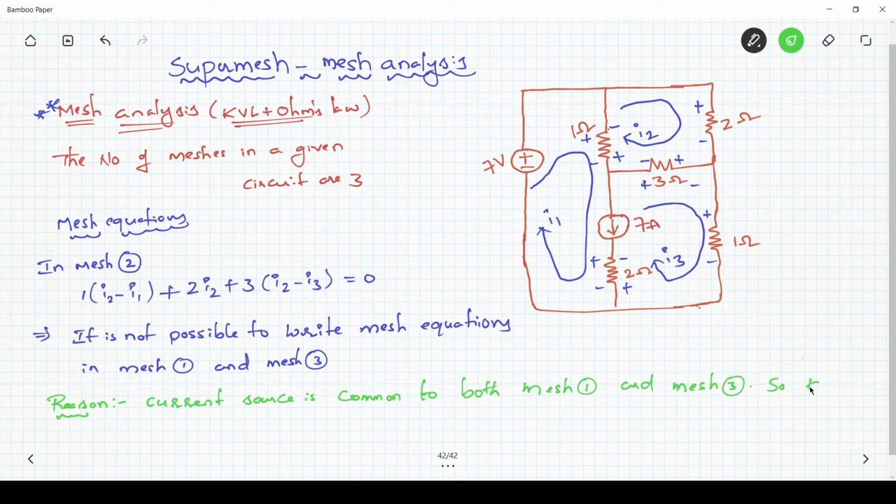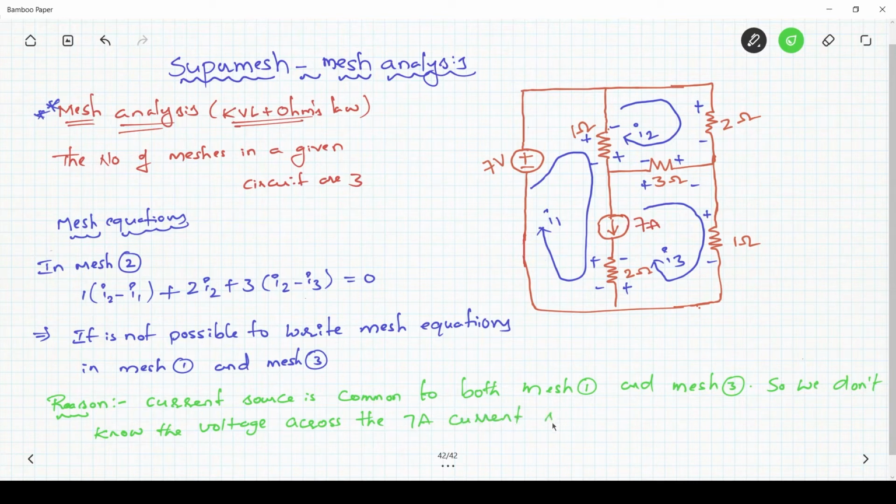So we don't know the voltage across the 7 amps current source.